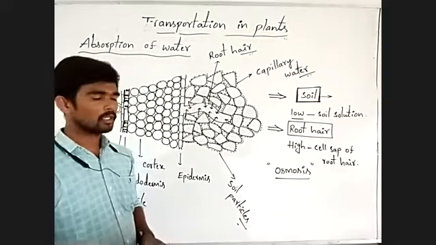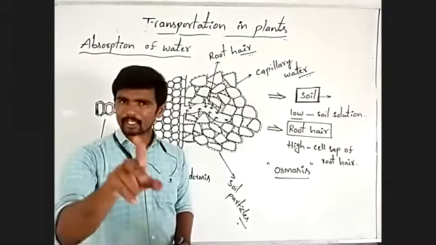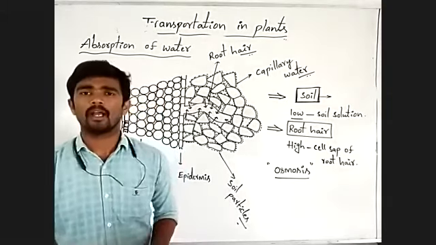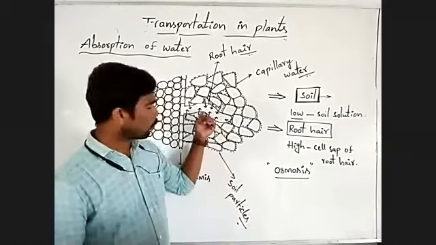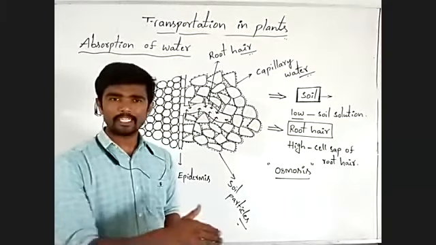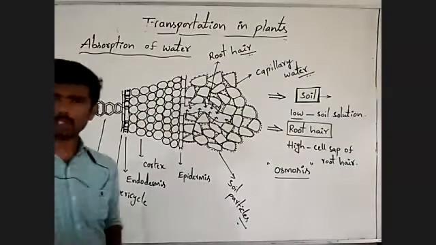How means there are two pathways. There are two ways for the water to move from the root hair into the xylem. What are these two ways?